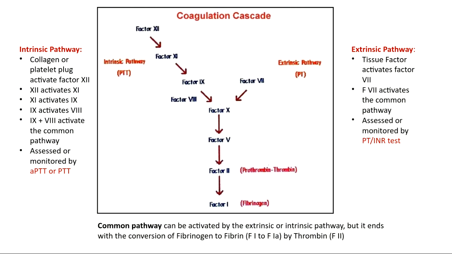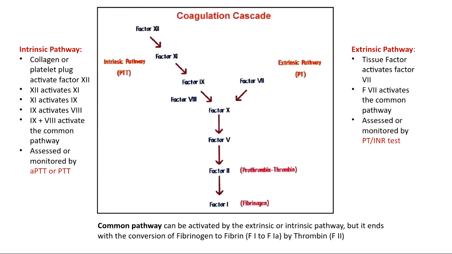You have the notation right there at the bottom of the slide, but we have the intrinsic factors starting with the activation of factor 12, and factor 12 is activated by collagen. See, collagen activates platelets, and collagen can also activate factor 12. Factor 12 can be activated by some other stuff. There are many different things that can activate factor 12, but to simplify the process, you just need to remember that.